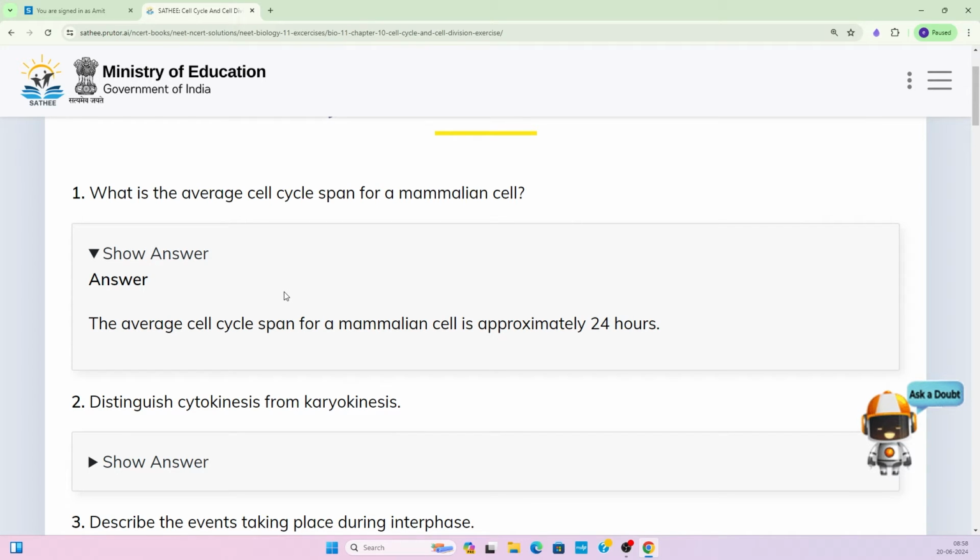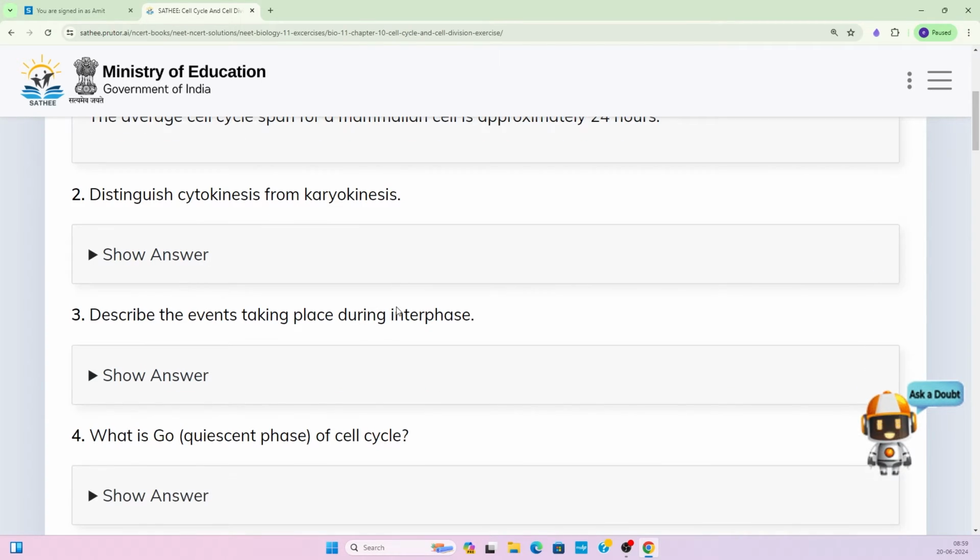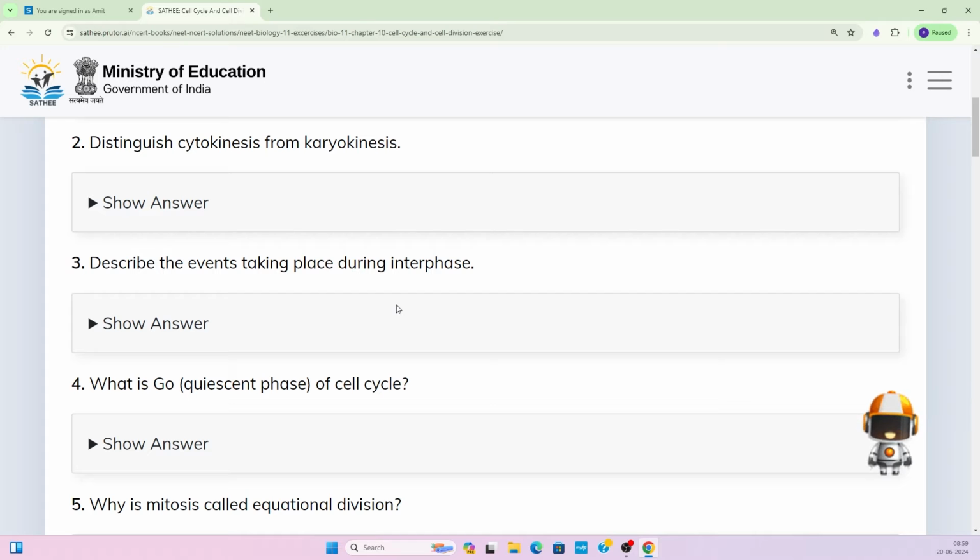The average cell cycle span for the mammalian cell is approximately 24 hours, so in 24 hours the cell cycle completes. Moving to the next question.